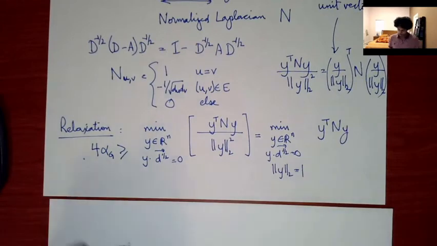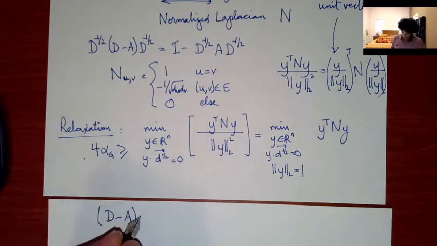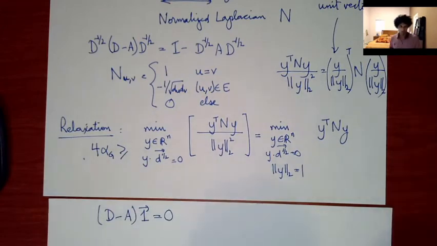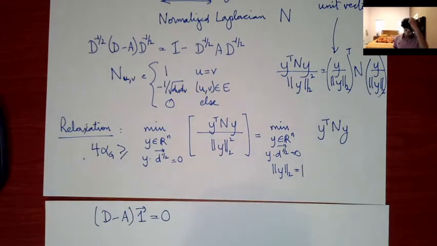So remember that D minus A of the all ones vector was 0.